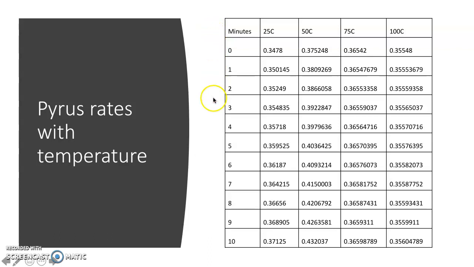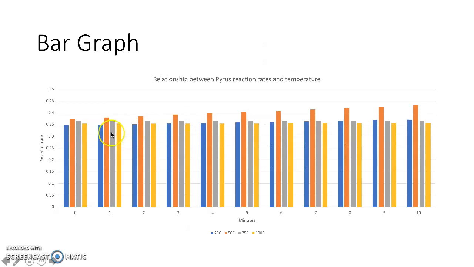So this is what I got for my data. So the bar graph shows here that at 50 degrees Celsius, the reaction rates increase the most over time.